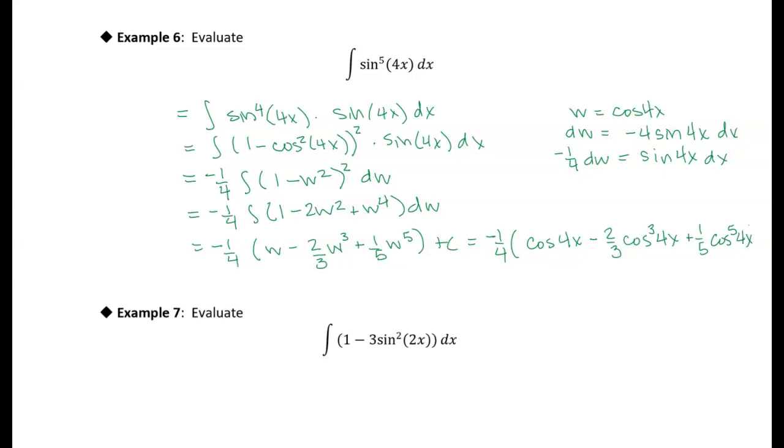And then put parentheses, and don't forget your plus c. I'm running out of room here, but that's my final answer right here, including the plus c down here. So there we go.